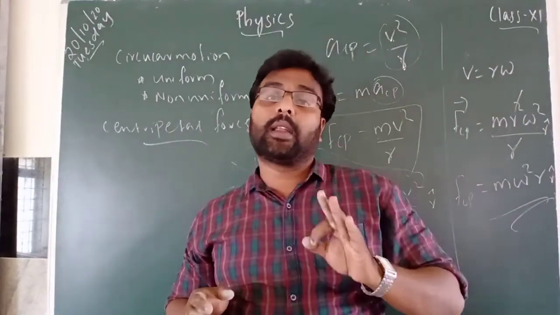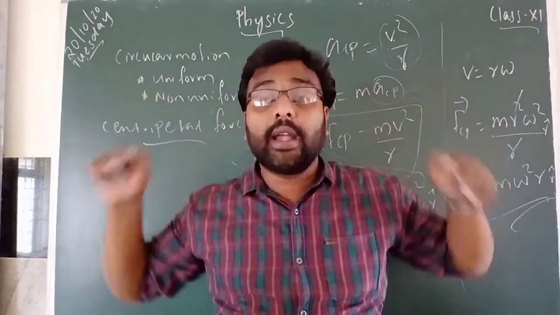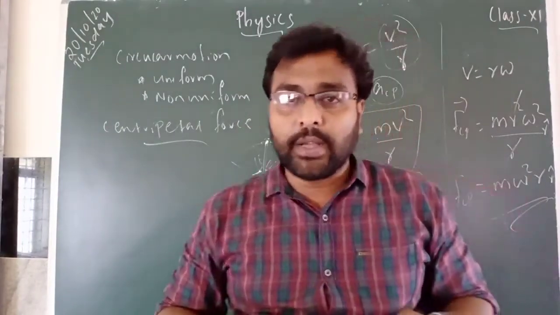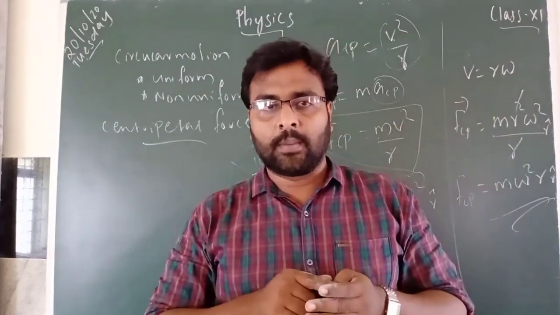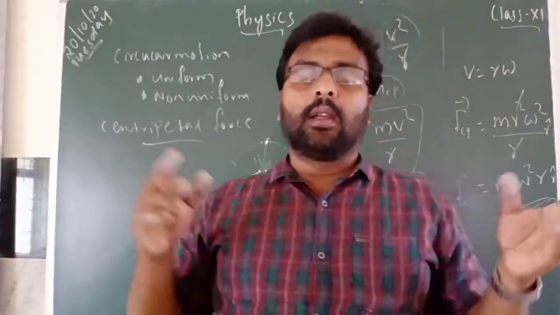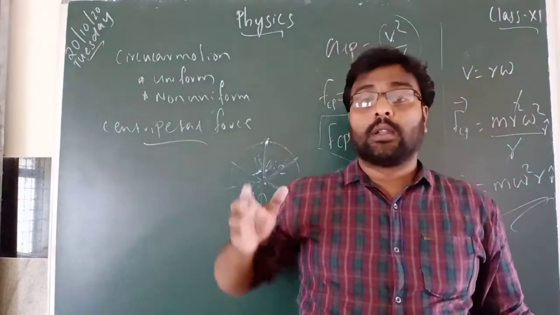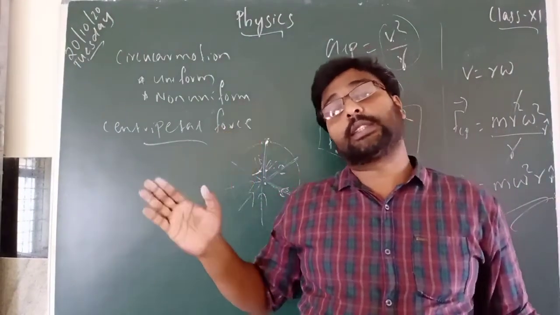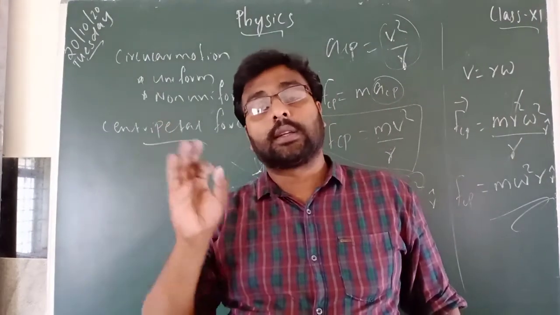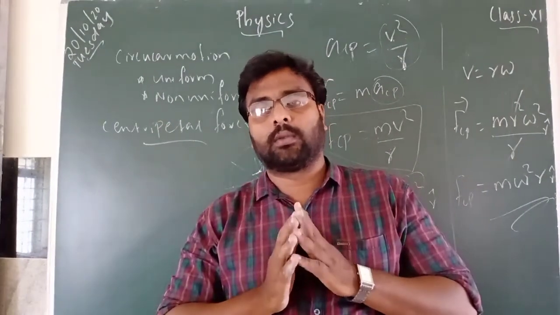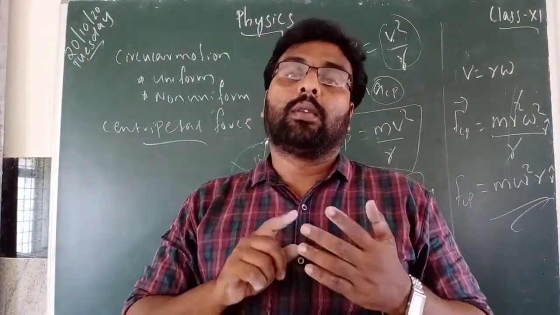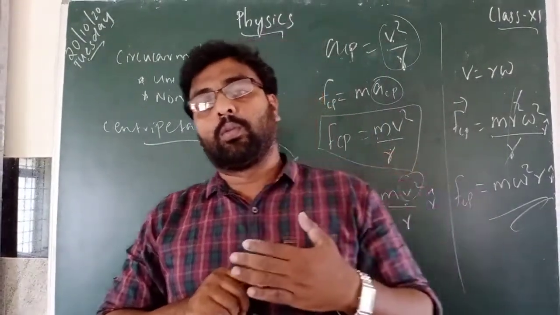The centripetal force is provided by all these forces: gravitational force, tension, Coulomb force, frictional force. So the centripetal force is one actual force, but provided by the gravitational force, frictional force, or Coulomb force.